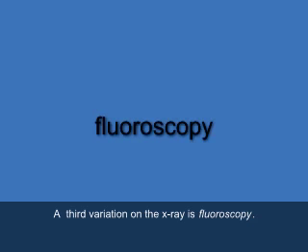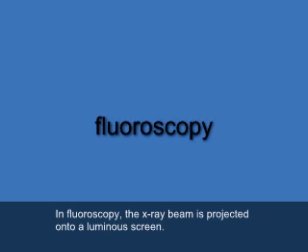A third variation on the X-ray is fluoroscopy. In fluoroscopy, the X-ray beam is projected onto a luminous screen. So the image appears live on a screen as opposed to exposing film, which is then developed.